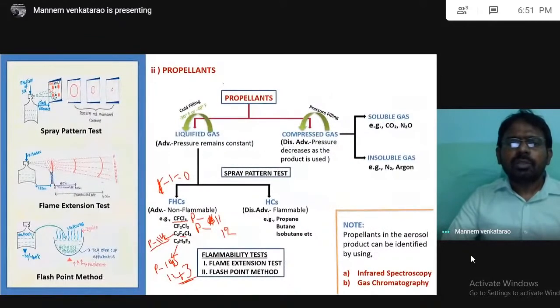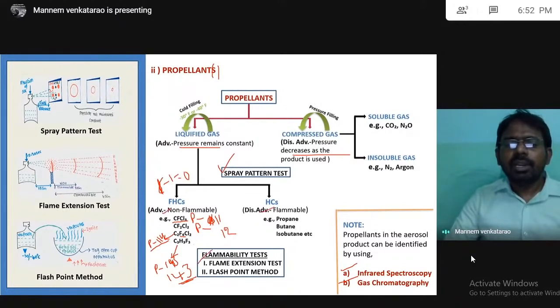Next, propellants. We use a propellant or a mixture of propellants. Which propellant is present and how much quantity is present? How could you identify that? Infrared spectroscopy, gas chromatography. Next, how could you identify whether the propellant maintains constant pressure or not? Spray pattern test. How could you know whether the propellant is flammable or non-flammable?